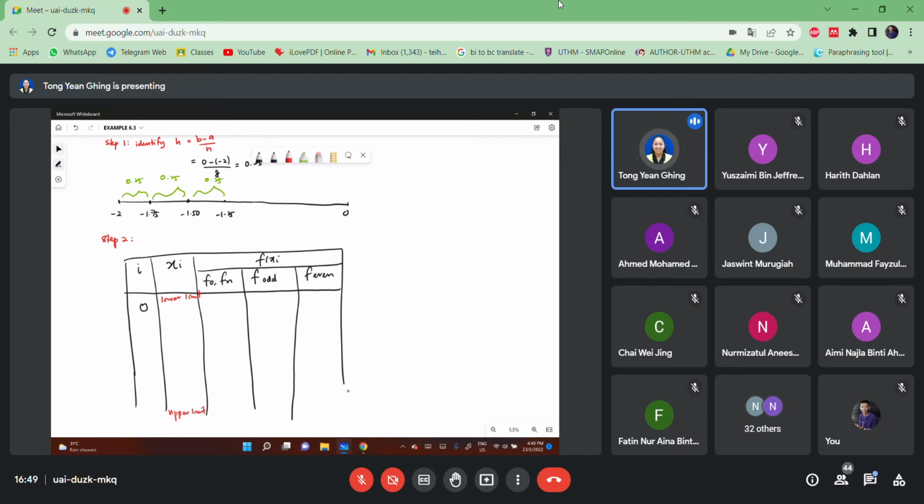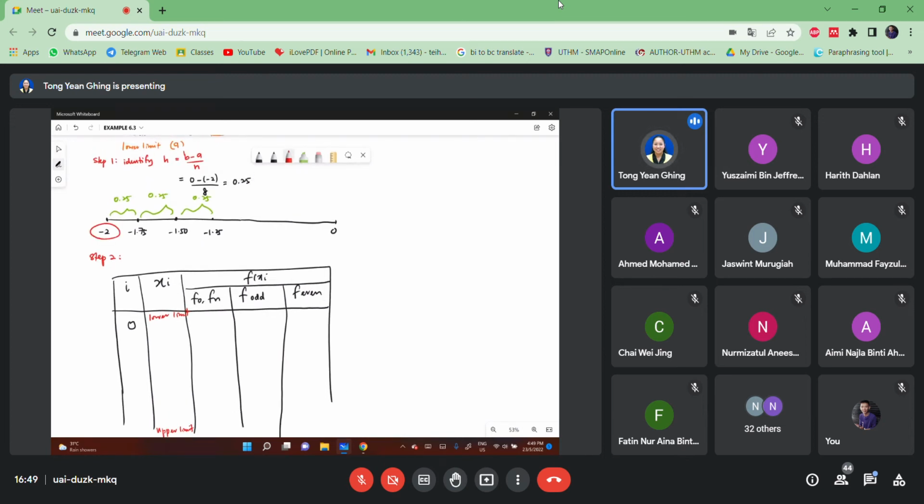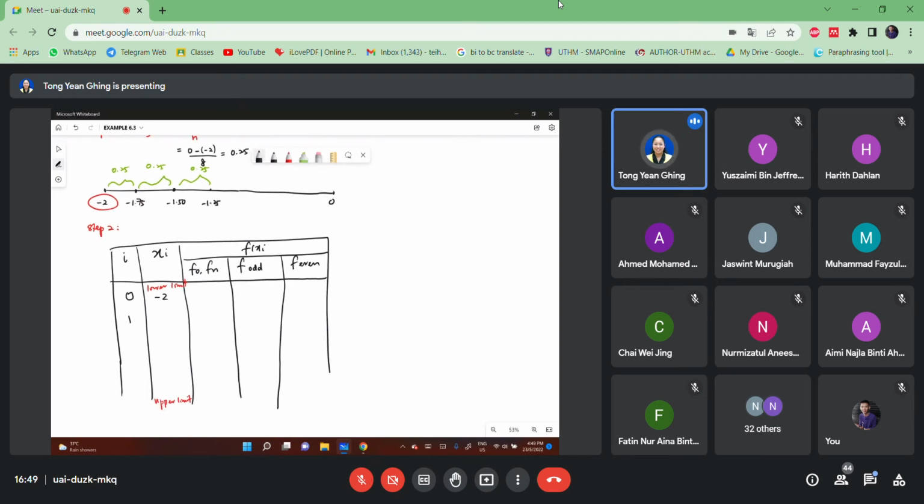The lower limit is -2, so we start with -2 here. The next one is with the step size added, so -2 plus h, that is -2 plus 0.25, which gives -1.75, and so on, then -1.50.